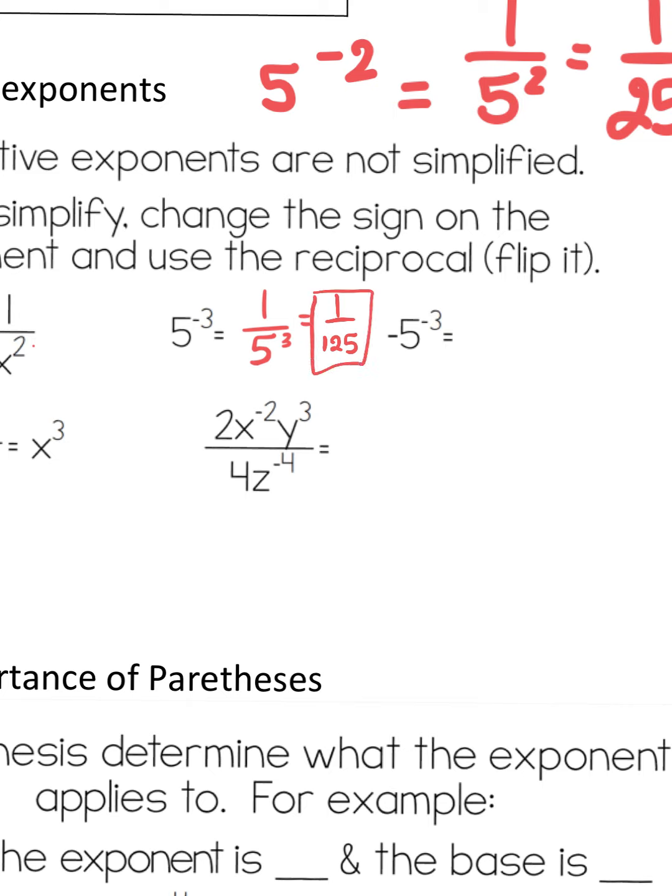The one on the right side, negative 5 raised to the power of negative 3. So again, you're going to flip because of the negative 3. We're going to flip, and we are going to negate, which is 5 raised to the power of 3. And there's a negative in front of it, so we're going to carry it over. So your answer will be negative 1 over 125.